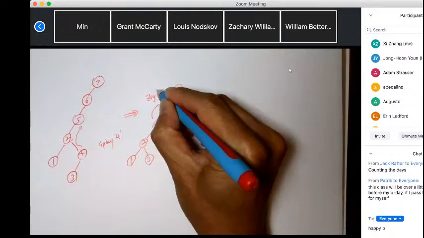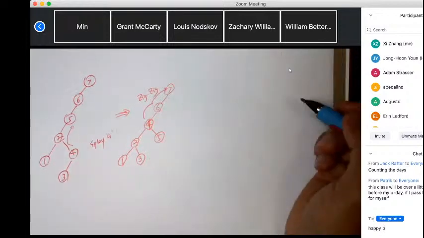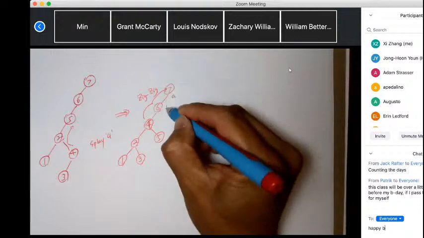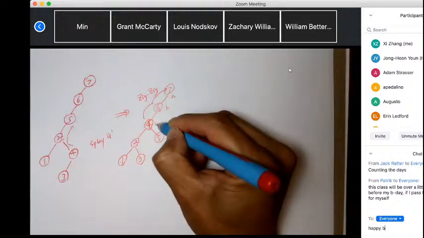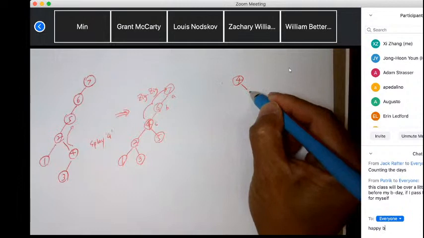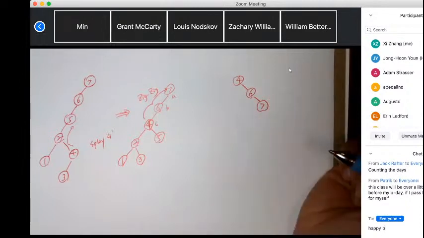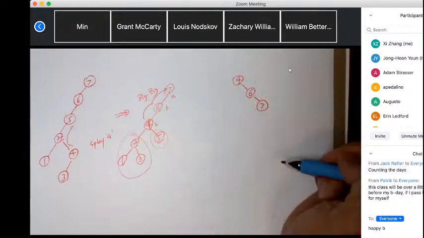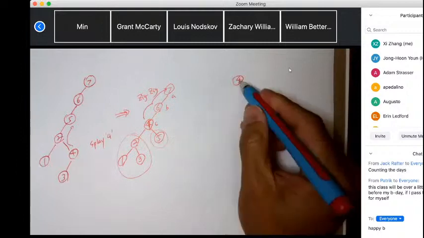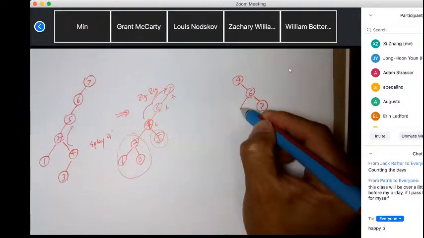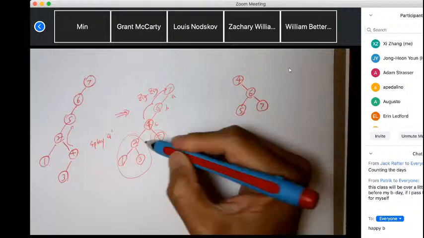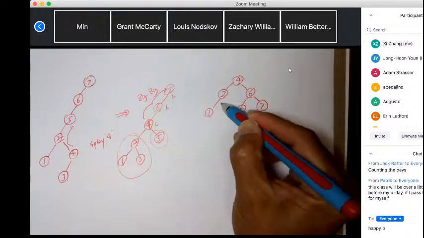And then the next rotation is the zig-zig rotation. For the zig-zig rotation, the order A, B, C should become C, B, A, with 4 on top. B is 6. A is 7. And then we will just enter the subtree into the original tree. So 5 should go as a left child of 6, and 2 should go as a left child of 4.